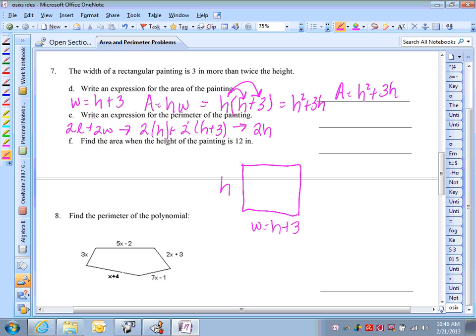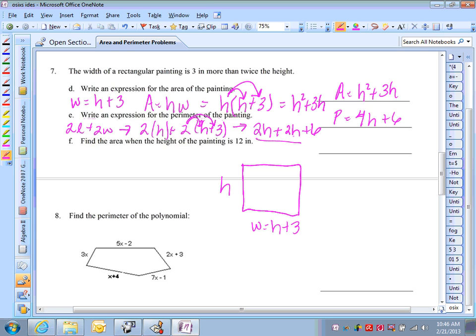And then I distribute this 2 to the H and distribute the 2 to the 3, and I get 2H plus 6. So the perimeter of this painting is 4H plus 6, because I combined my 2H plus 2H gives me 4H.